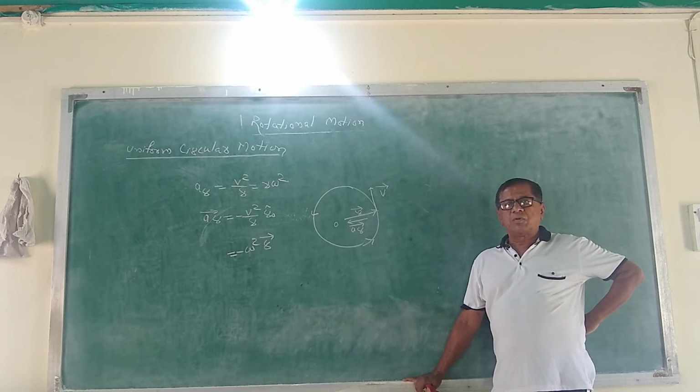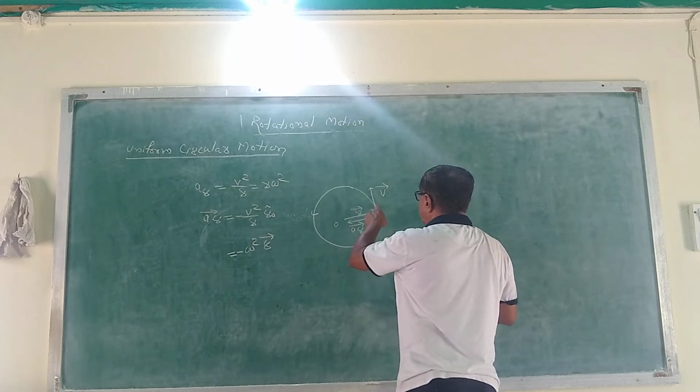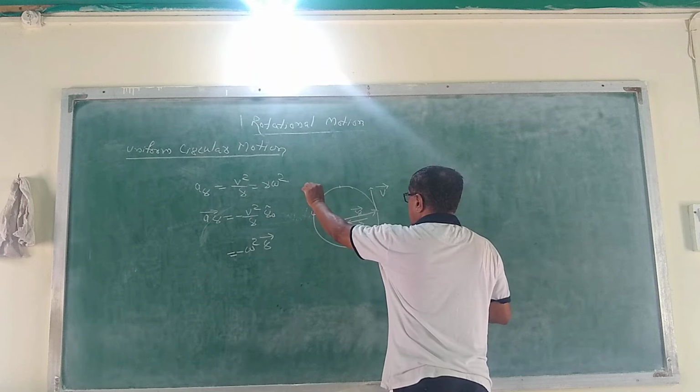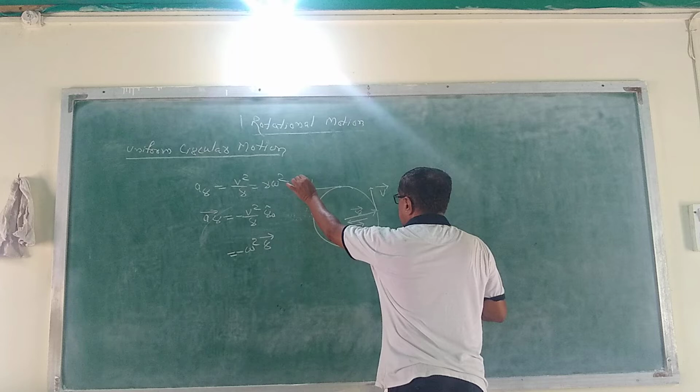The magnitude of the velocity is constant but its direction is not constant. It is changing from point to point; at this point velocity is along this direction, and if the particle is at this point, the velocity is along this direction, that is the v bar.